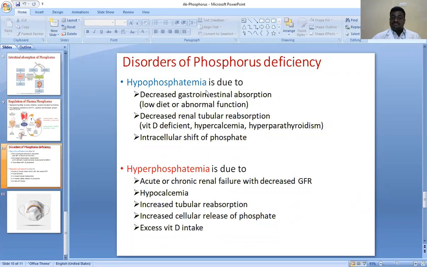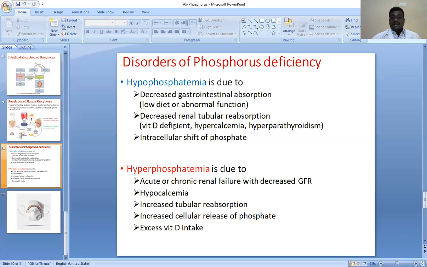So hypophosphatemia, low concentration of the phosphate, may be due to decreased gastrointestinal absorption of the phosphate due to low diet intake or abnormal function of the intestine. Any ulcers, or any cause of thickness of the wall of the intestine, may reduce the absorption of the phosphate.